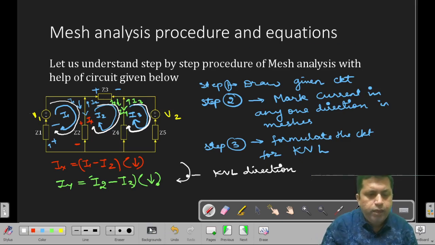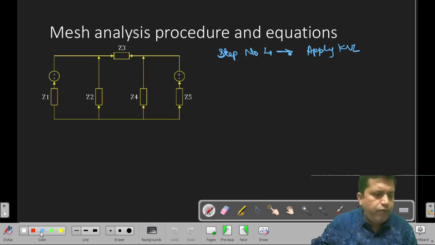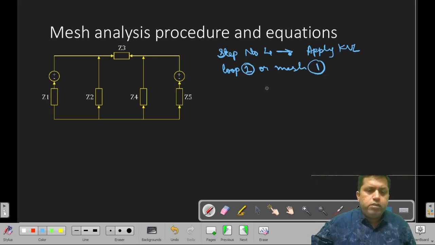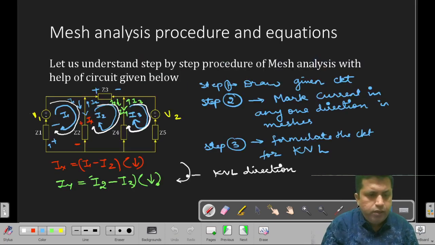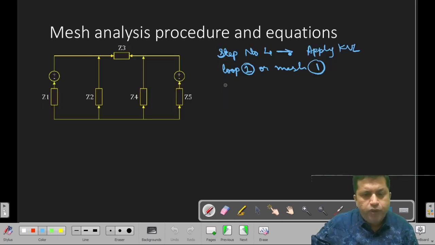First of all, with loop 1 or mesh 1, from the diagram you will get from minus to plus, that is V1 is positive, that is voltage rise. So V1.